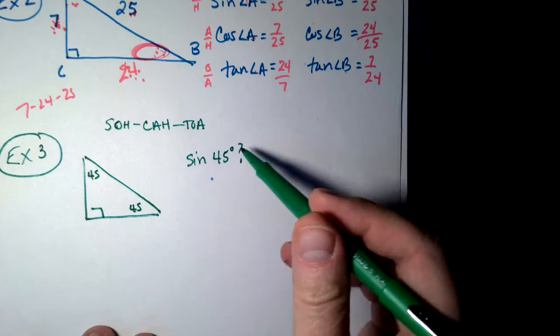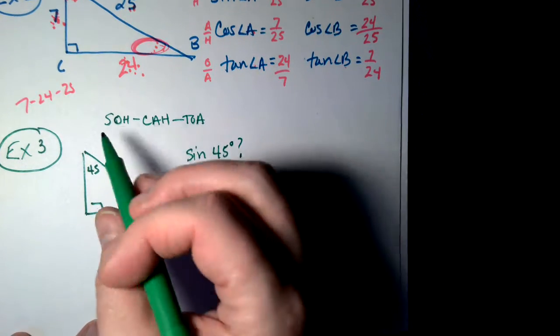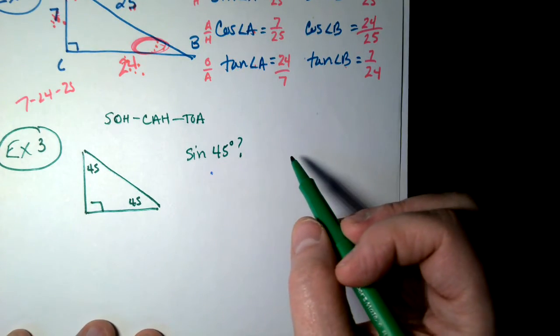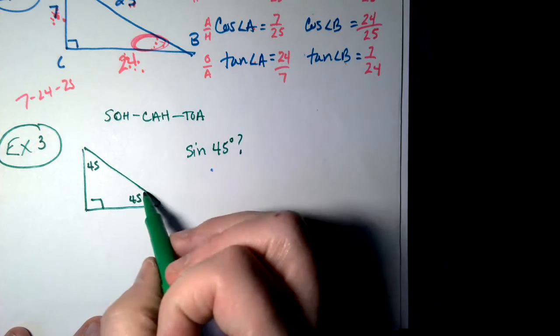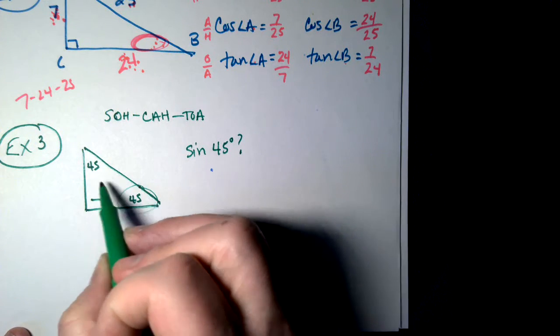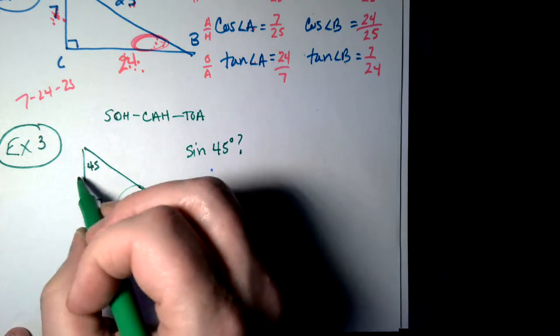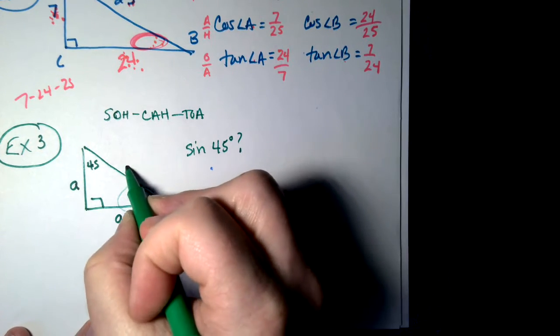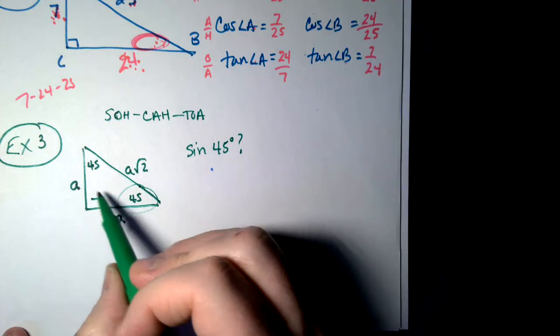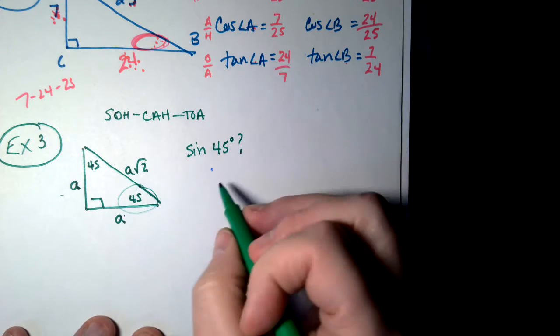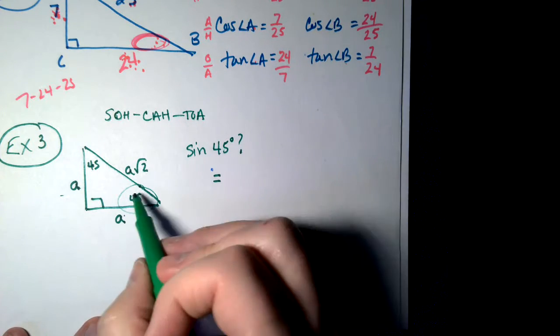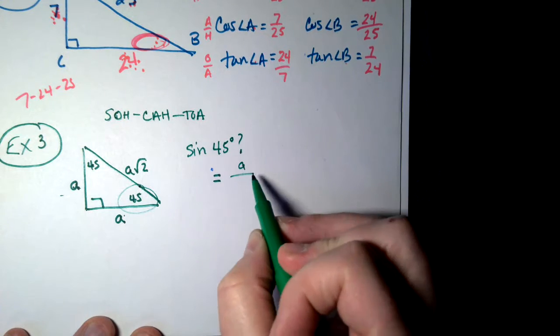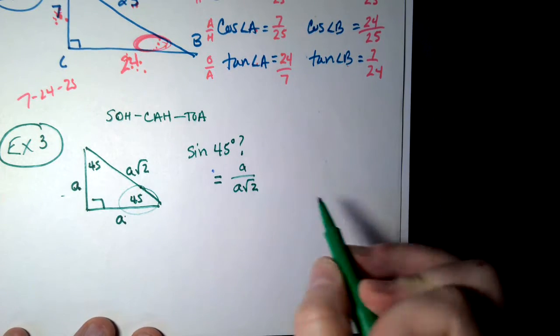Well, without using a calculator, it'll spit out some sort of a decimal for you. But we just want the ratio. If you took a 45 here, or you can use the other one, opposite is A. This one's also A, and this one's A root 2. Doesn't matter what number you fill in, the ratio is still going to be opposite A over the hypotenuse, A root 2.